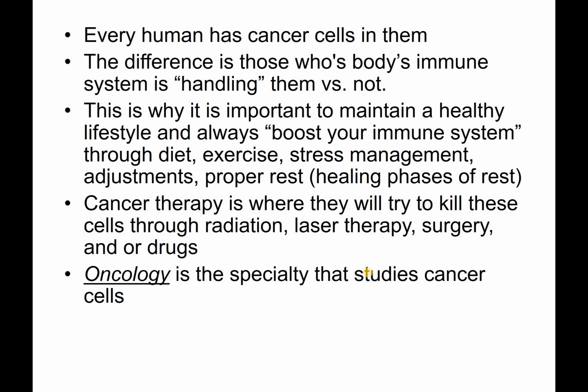So just do the best you can to maintain a healthy immune system by boosting your immune system through diet, through exercise and stress management, adjustments, anything in the physical therapy rehab world. Physicals are great. Get some updates from time to time. What is your blood chemistry saying? Are things out of range?